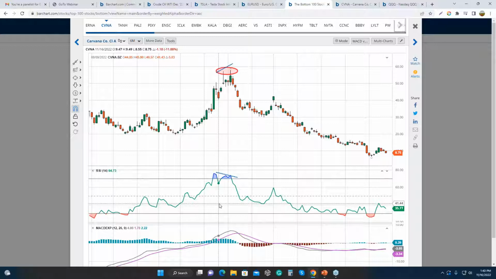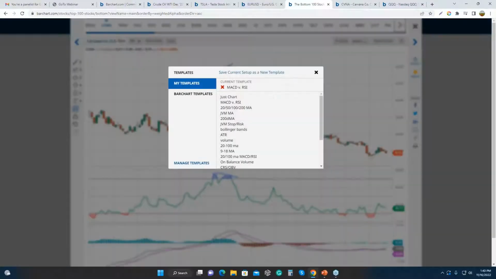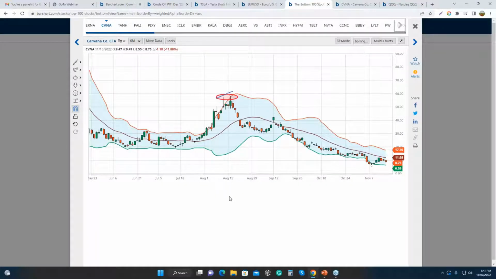And this is another clue that there's a change in the momentum. So using basic technical analysis and then using our Bollinger Bands to help us time a better entry, or in this case, if you were long, an exit.